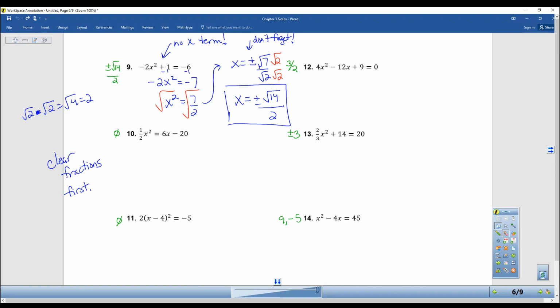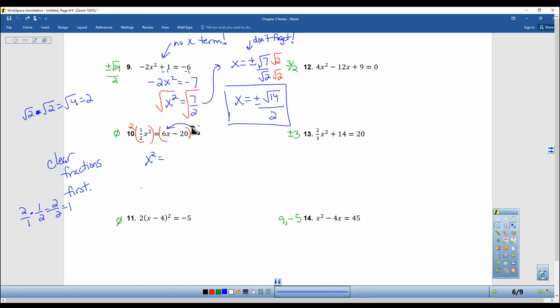When I have a fraction, I'm going to jump straight to multiplying by the least common denominator, which is 2. So on this side, 2 times 1/2, straight across the top, straight across the bottom. So that will give me just x squared. That's why I chose 2, so that the fraction would go away.